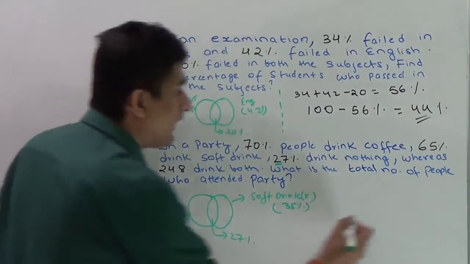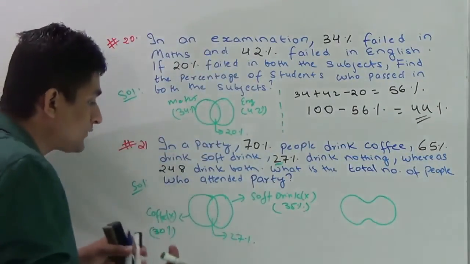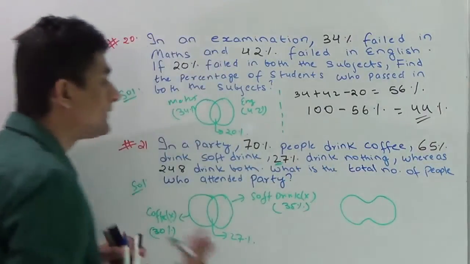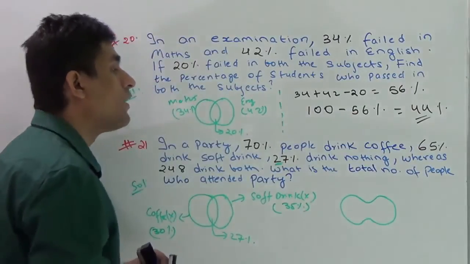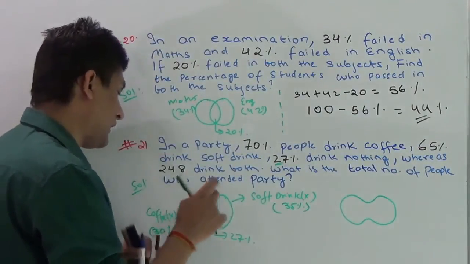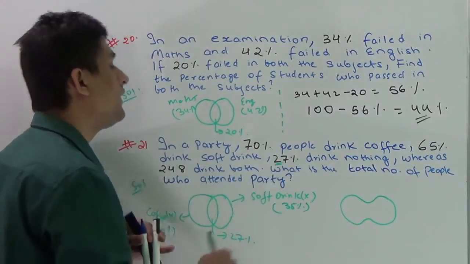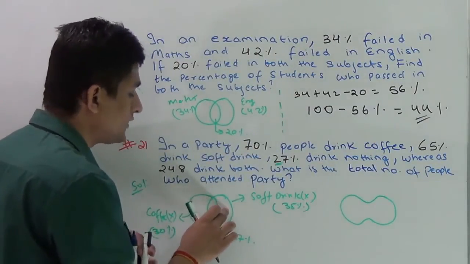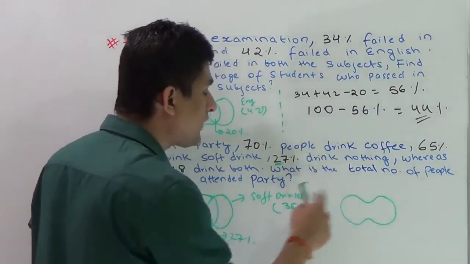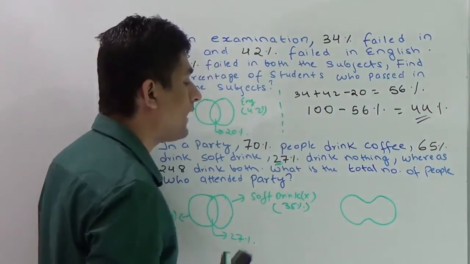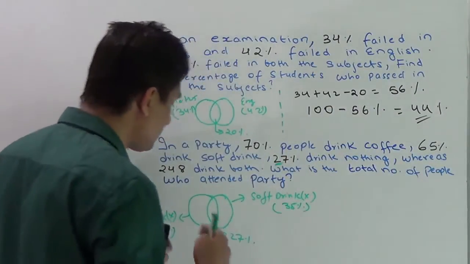Now we have to calculate the value of this region. We have to interpret from this Venn diagram what this region represents. This region represents the people who do not drink coffee or do not drink soft drink, that is, people who do not drink at least one of the two.